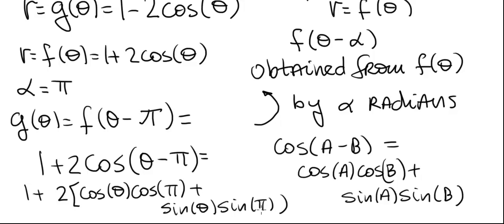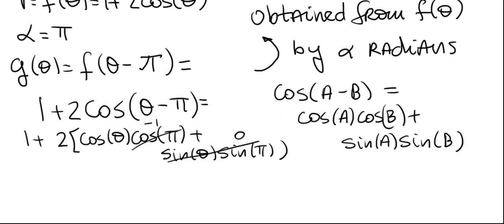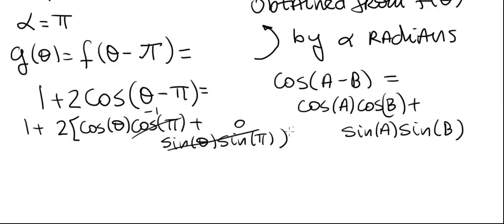Now, of course, sine of pi is 0, so this is 0. Cosine of pi is minus 1, and then the resulting equation that we get is 1 plus 2 times negative cosine of theta, which is 1 minus 2 times cosine of theta. That's the second equation that we wanted to graph.